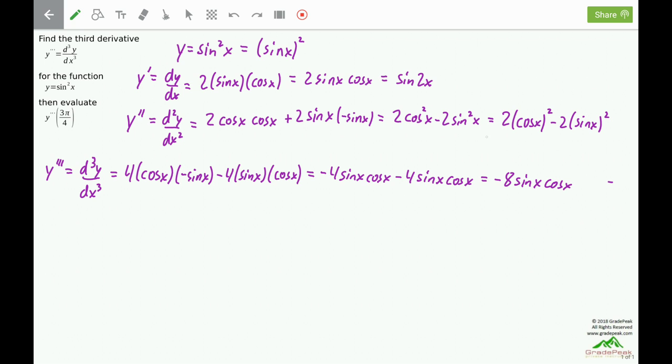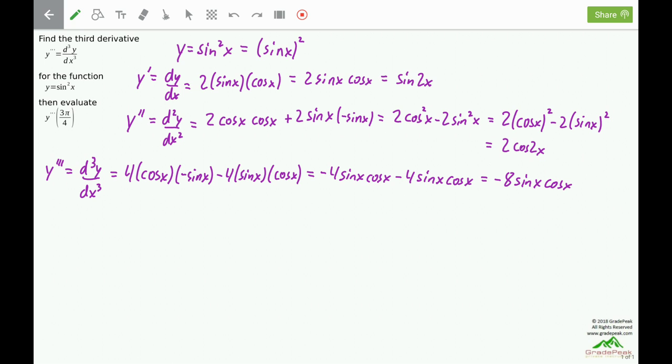The second derivative, where we were getting a 2 cosine squared x minus a 2 sine squared x, that 2 can factor out, and cosine squared minus sine squared is actually a double angle formula on cosine, and that will be cosine of 2x.